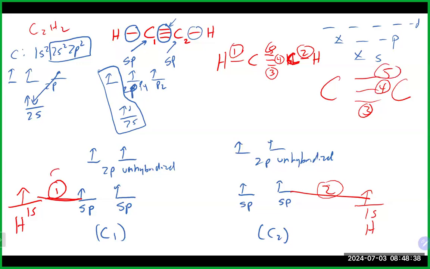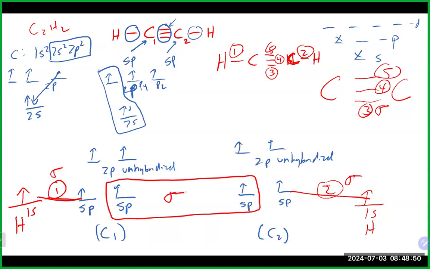And by the way, this is going to be a sigma bond. The first bond in a triple bond is going to be the sigma bond, and that's going to happen between the hybrid orbitals of carbon. So that will make our sigma bond, which is bond number 3. We now have two unhybridized p orbitals in each of the cases. And for our fourth bond, for example, we will have these two guys doing a pi bond. And again, that's going to be our sideways overlap happening here.